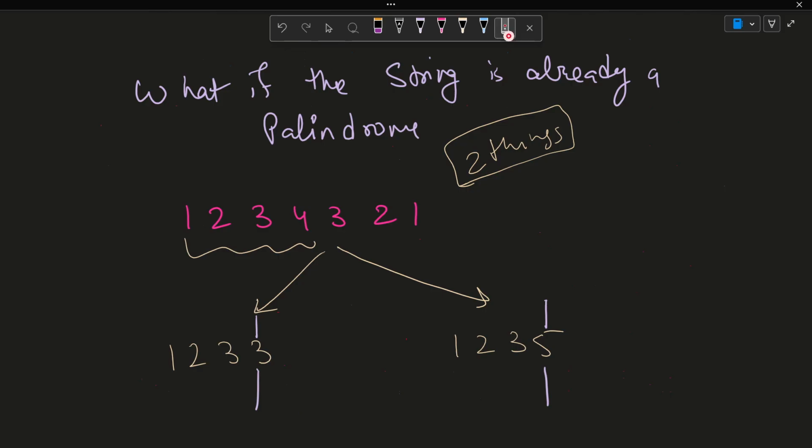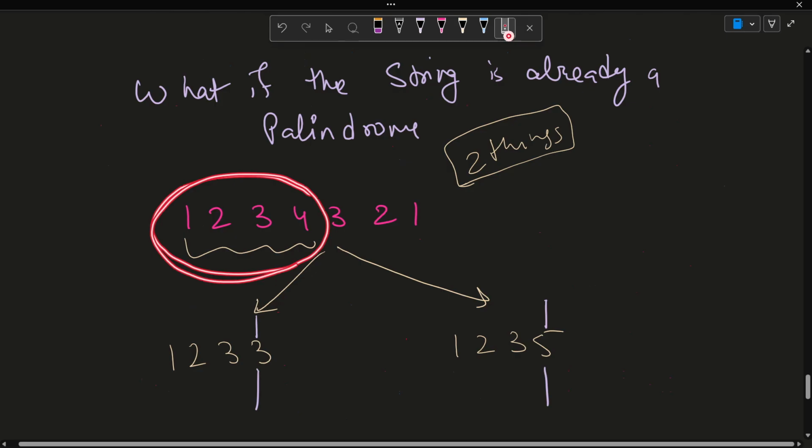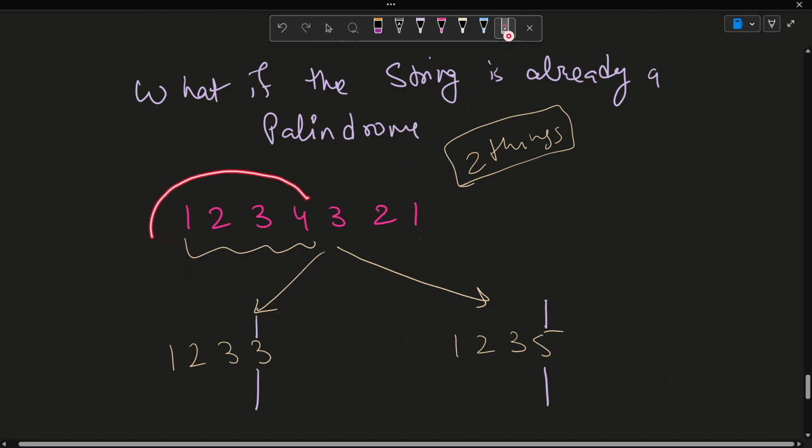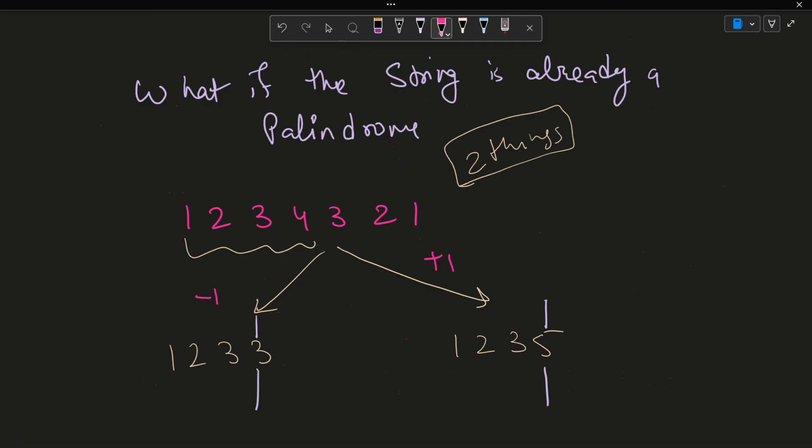So what I do is I take this number, the prefix. All our computations are based on the prefix. So I take the prefix and I subtract 1, so we have -1 here, or I could take the prefix and add 1. We are doing this in the hopes of finding the next closest palindrome. Either the number could be bigger than this or smaller than this.